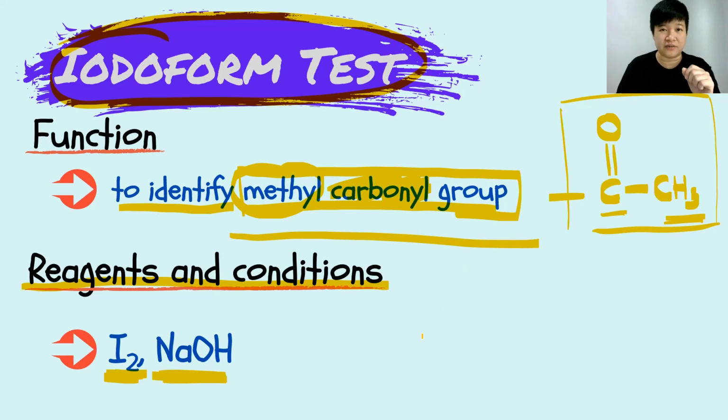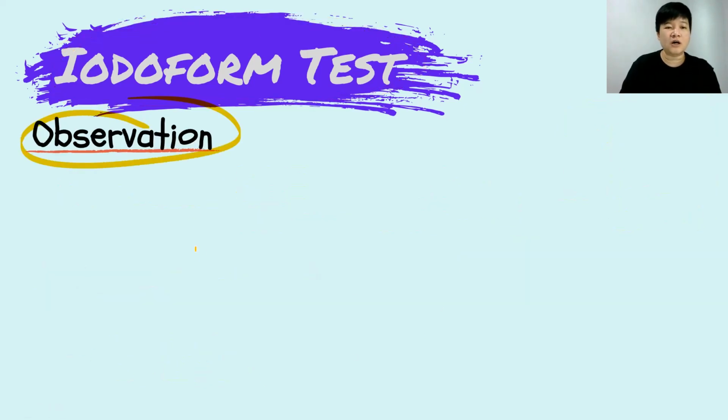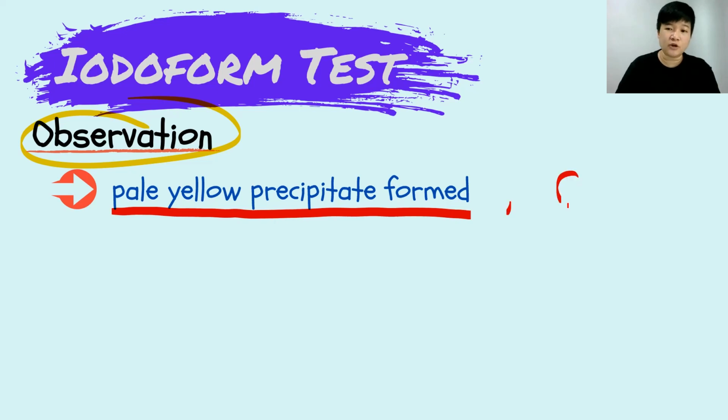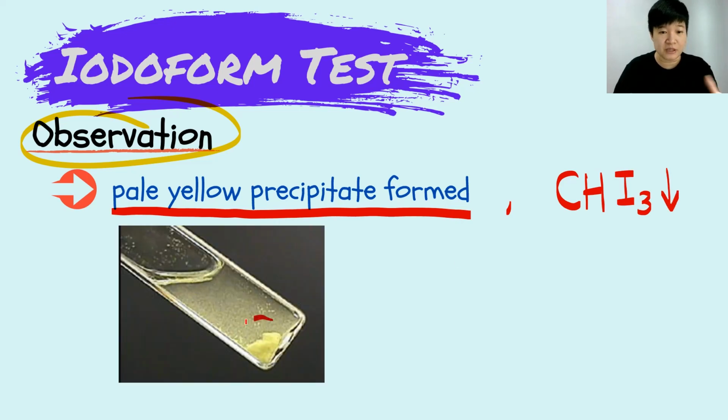That is the only difference. What would be the observation? The observation of the iodoform test will be the same, which is a pale yellow precipitate formed. And your pale yellow precipitate again is your CHI3 precipitate, looking exactly the same as previous.